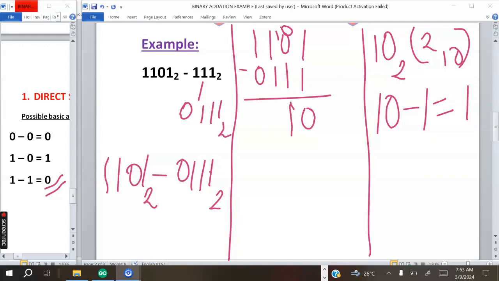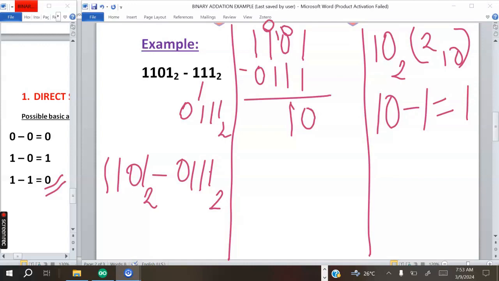Now let's move to the other part. Since we borrowed 1 from the immediate left, the new value is 0. So here we have 0 after we borrowed the 1.